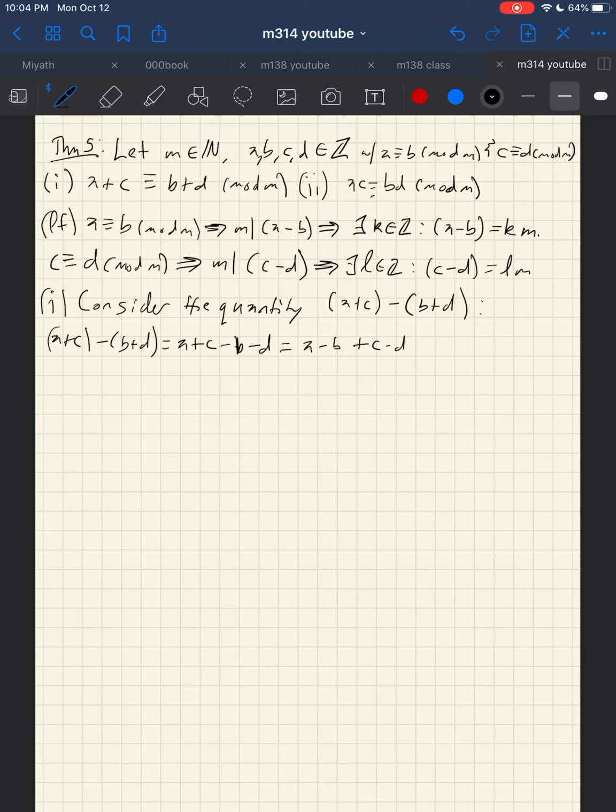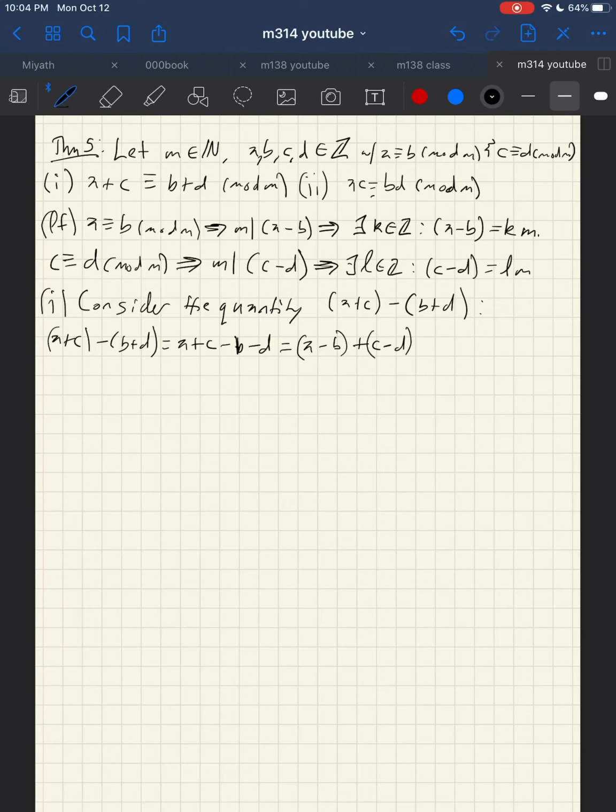Now, some people get a little uneasy because they're like, wait, you can't change the order if there's a subtraction involved. But I'm just changing the order that I subtract things. I'm not making c minus b into b minus c. The b is still negative here, the d is still negative here.